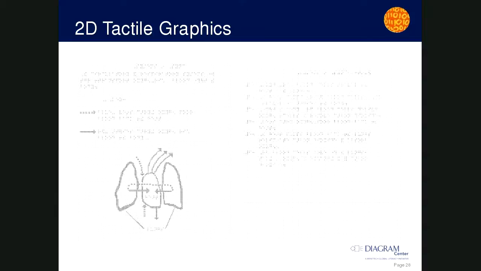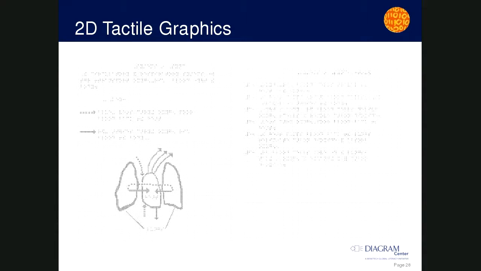I'm going to go back to our PowerPoint. Okay, so that is the Math Finder. The next thing that I'm going to talk about is 2D tactile graphics. So again, this is an example from the sample book where it basically just gives an example of what a tactile graphic would look like.